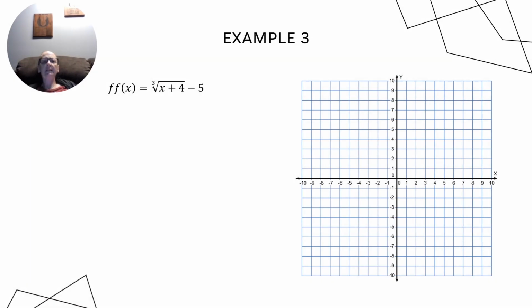All right, for our next example, we are doing the cube root function this time. It works the same way as before. We find the vertex. What makes the inside of the cube root 0 is -4. What's sitting outside the cube root is -5. This one does not have an a, so it's just a normal cube root function, which is a little difficult because it's cube roots, so we move really far really fast.